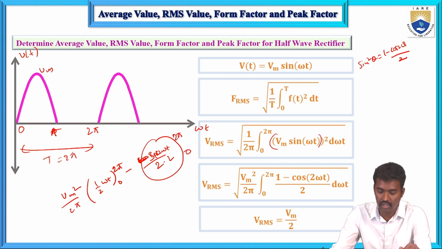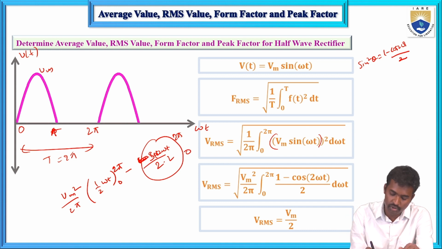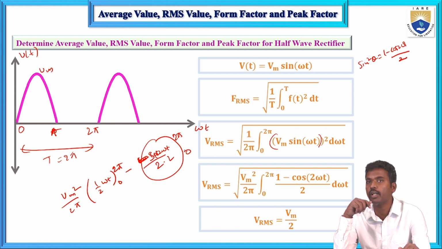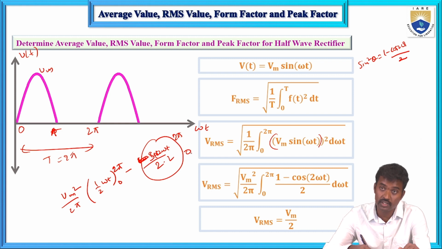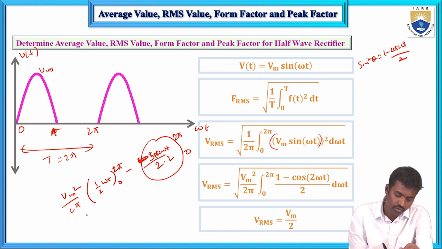In the last problem I explained that this sine value is 0, because sine of a multiple of pi is always 0: sine 0 is 0, sine pi is 0, sine 2 pi is 0. Now Vm square divided by 2, times omega t from 0 to 2 pi, and the square root.